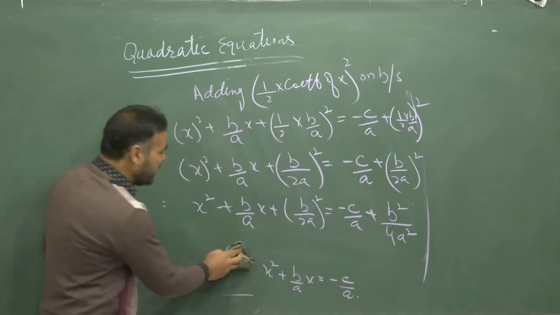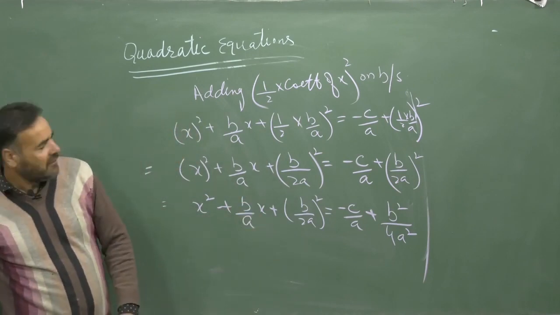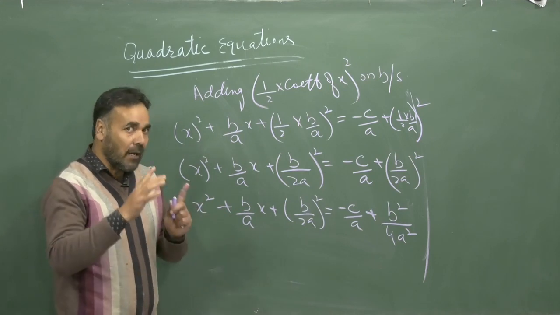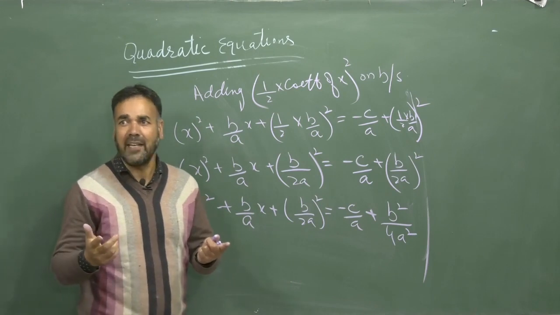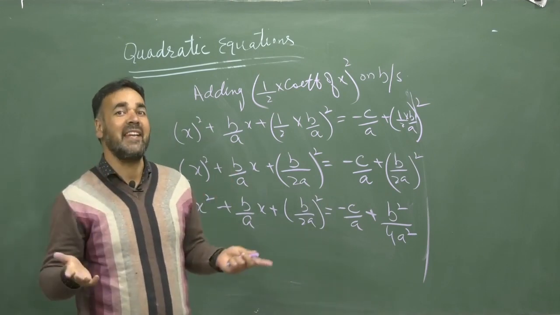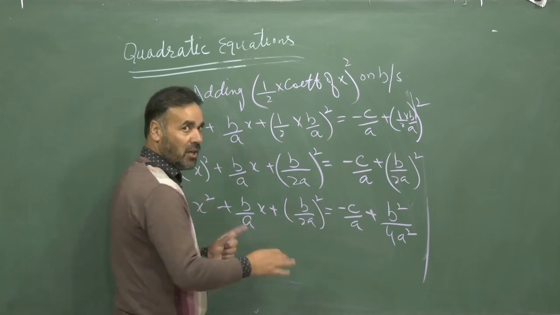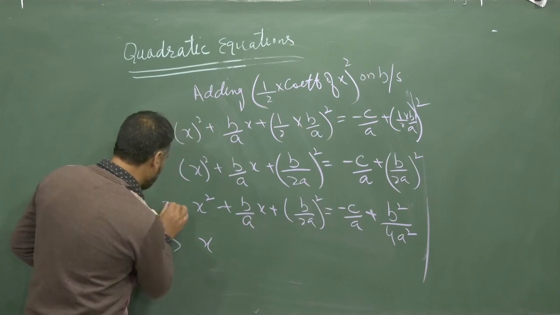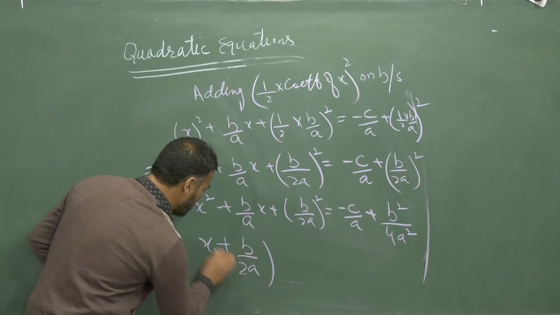Now this is x² + (b/a)x + (b/2a)². We can write it in the form of (a + b) whole square, or sometimes (a − b) whole square. Since all three terms are positive, it is (x + b/2a) whole square.